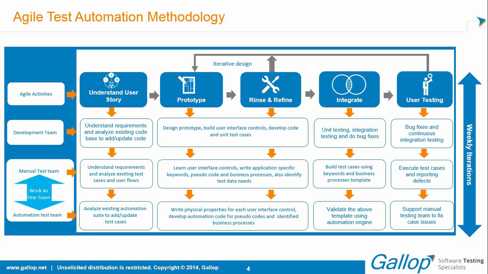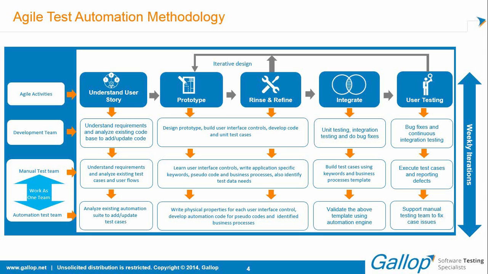And on the other side, the manual testing team and the automation team will use the same user stories as the base, and based on the acceptance criteria, we will start writing the test cases, where we will start doing the groundwork for test automation.